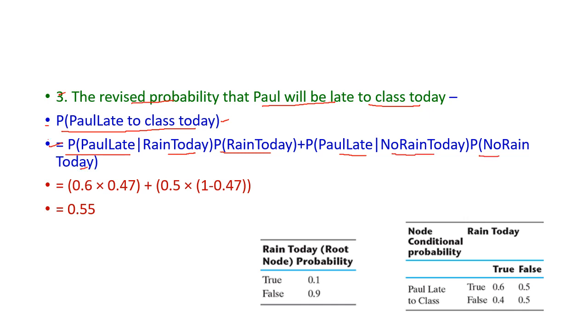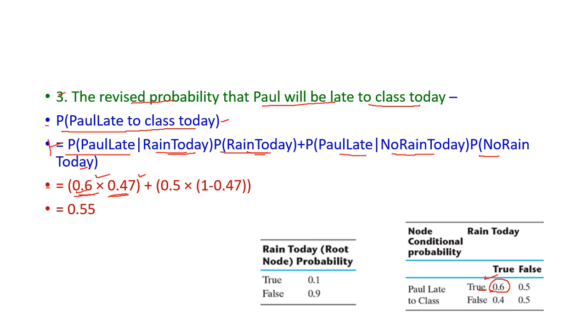This is our formula, isn't it? Now let us substitute the values. Paul late to the class is true and rain today is true, the value is 0.6 from the conditional probability table. And rain today, just now we have computed, the value is 0.47.